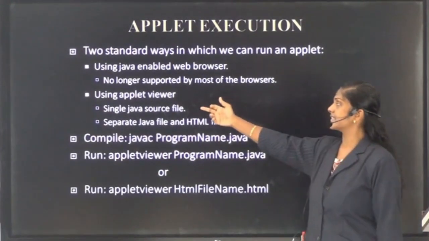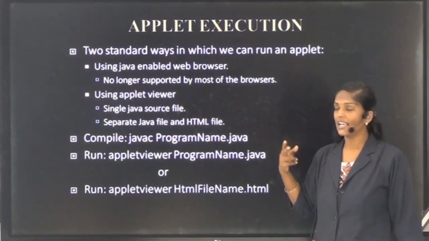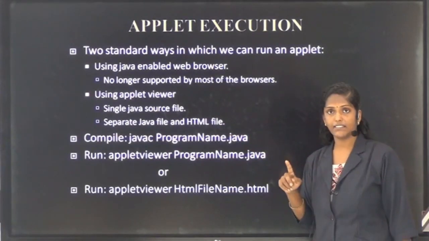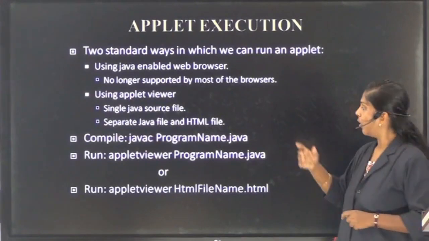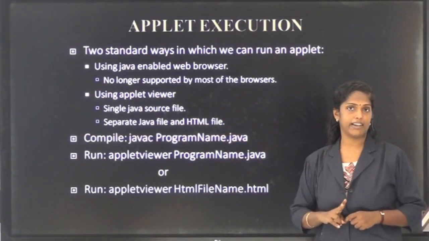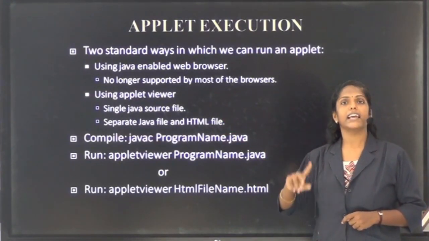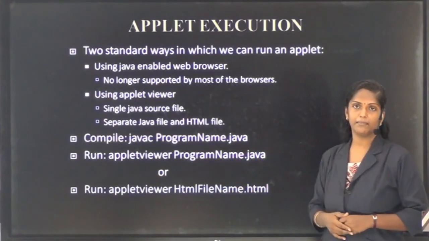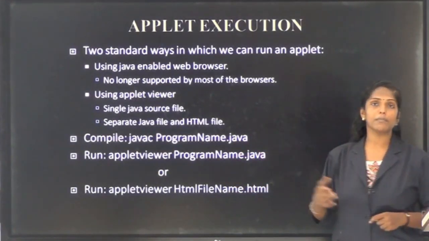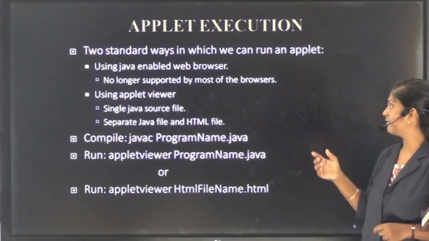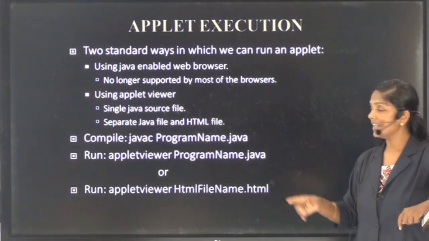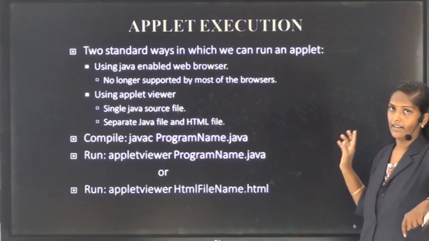This can be done in 2 cases. Either we can have a single Java source file in which we embed our applet code, or we can maintain 2 separate files, one Java file and another HTML file. As with a normal Java program, we need to compile and run it. The command for compiling is javac program name.java.